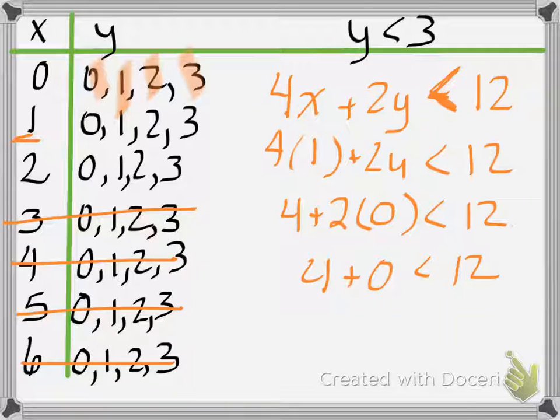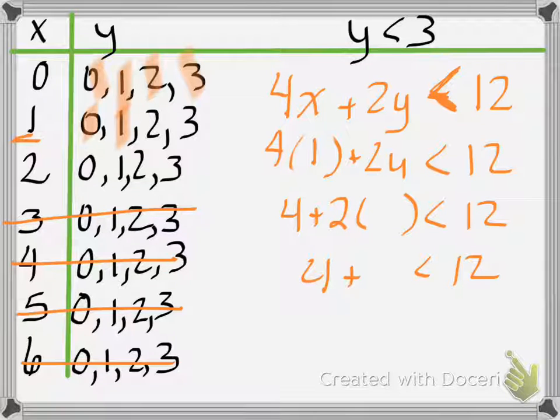Okay. How about 4 plus 2 times 1? I know some of you are already finding shortcuts for this. That's fine. I don't care if you use a shortcut on your paper.